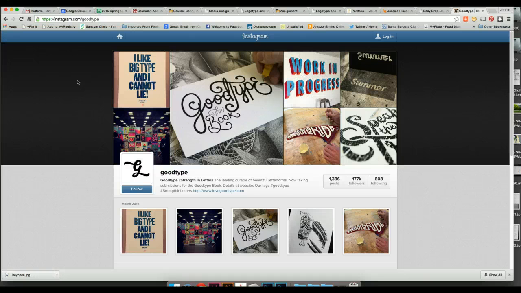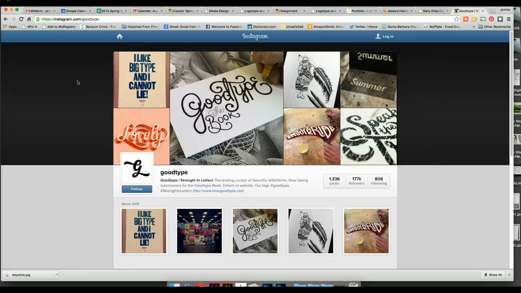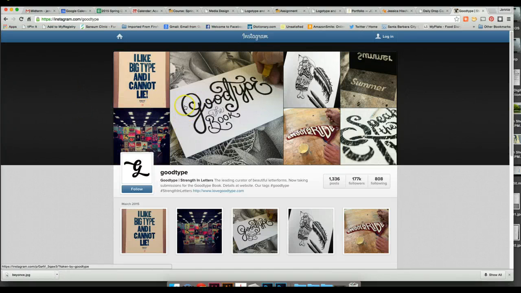Most fonts that we find online, the classics like Helvetica, have all been designed with proportion in mind and how the letter forms work together. So always think about what's happening inside of the letter form as well as the actual letter form itself.